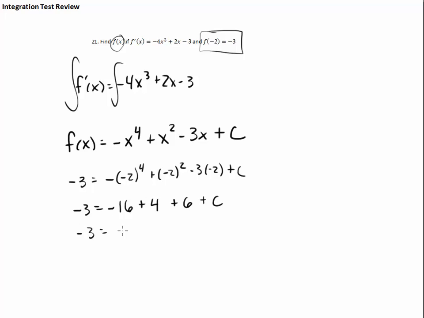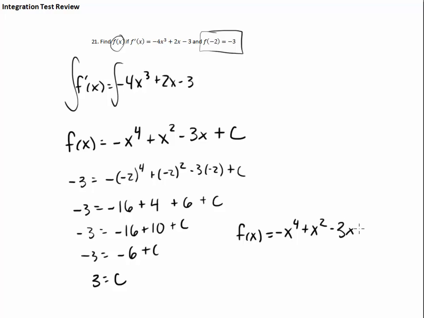So -3 equals -16 plus 10. And -3 equals, what is that, -6. So add 6 to both sides, and 3 is equal to c. So our final answer is this, with just a 3 plugged in there. So f of x is equal to -x to the 4th plus x squared minus 3x plus 3. Okay, there's our answer to that one.